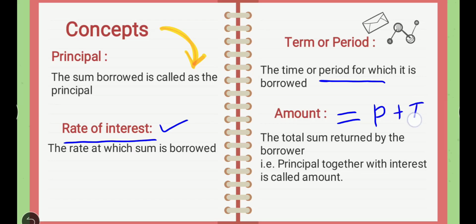So this can be calculated by using P plus I, or we can calculate it directly using a formula. So these are the important concepts which are used in future to solve examples.